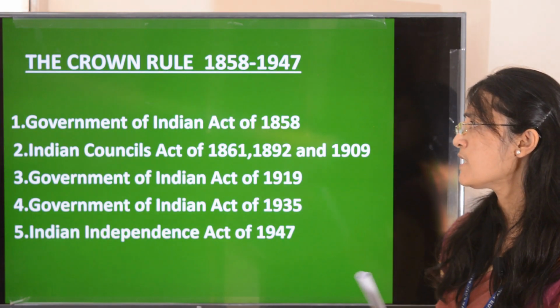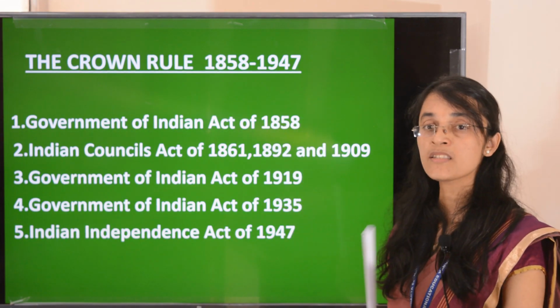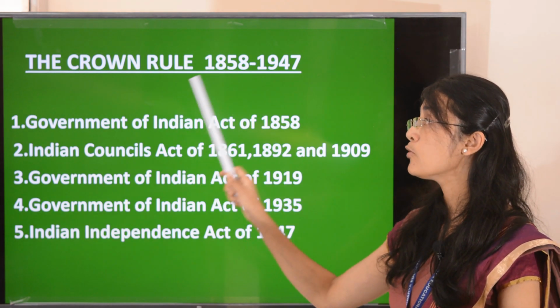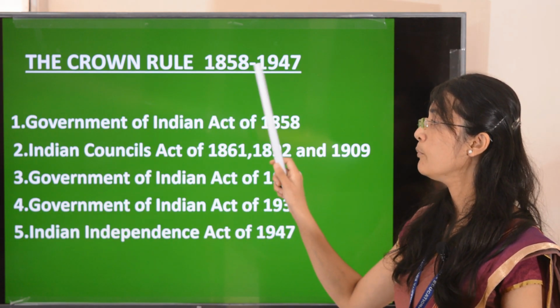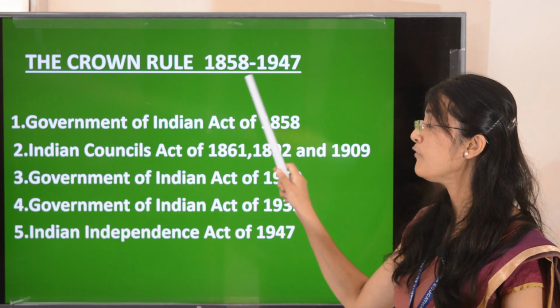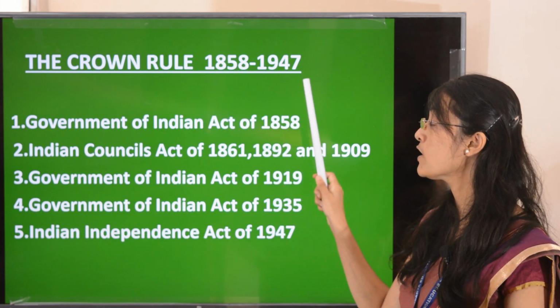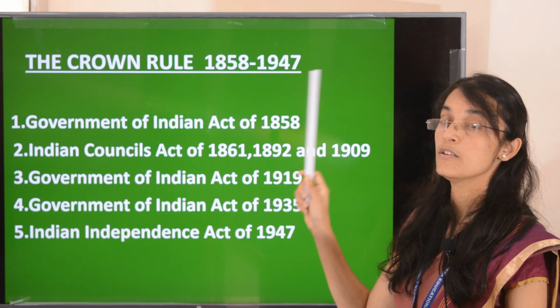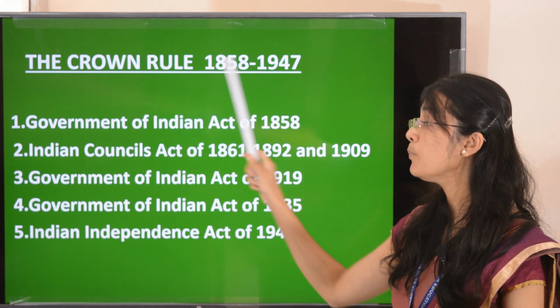Then next are acts passed during the time of Crown rule. See students, the period between 1858 and 1947 was known as the Crown rule period.